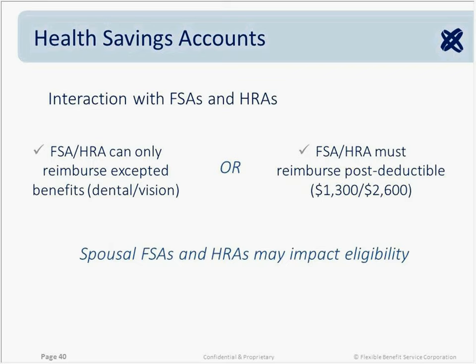Now, one thing to point out that a lot of people overlook is that when you have a married couple and that spouse has an FSA or an HRA or both through their own employer, that will eliminate HSA eligibility unless it is an accepted benefit FSA or HRA or a post-deductible version. So keep that in mind. Coverage through the spouse, if it would reimburse the employee, would eliminate their HSA eligibility.